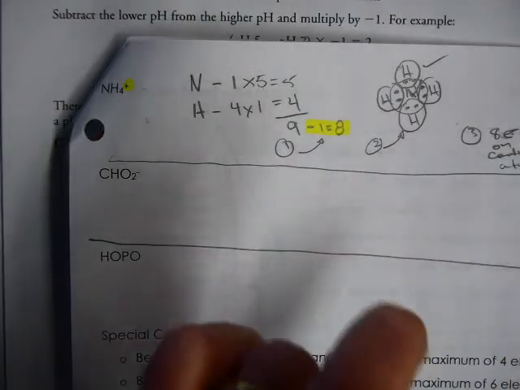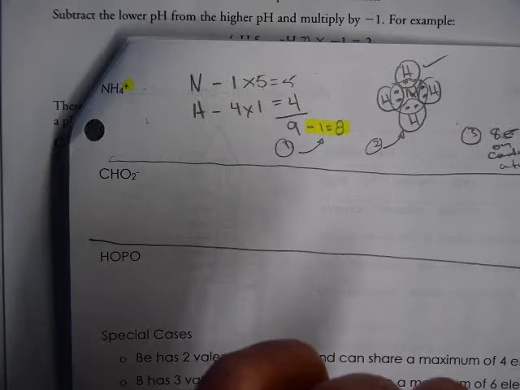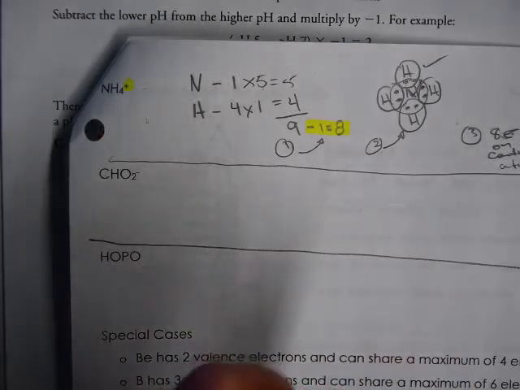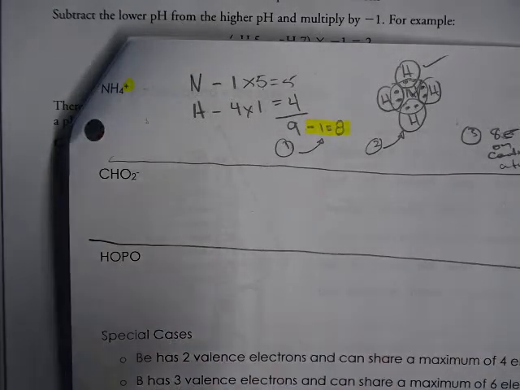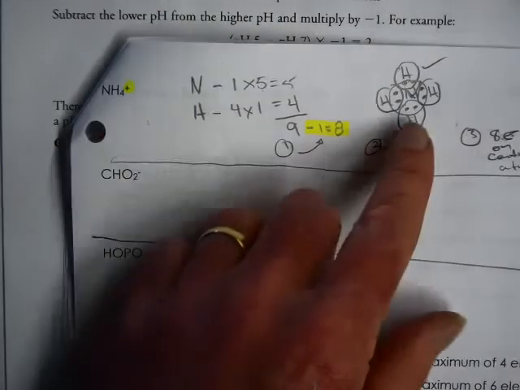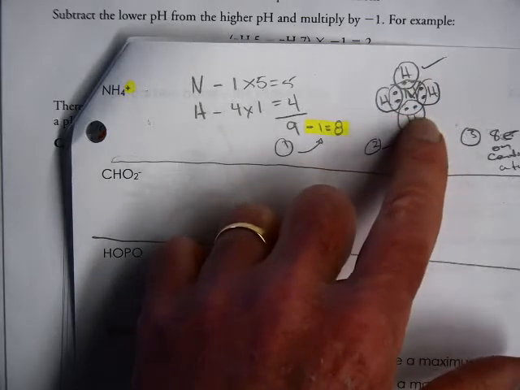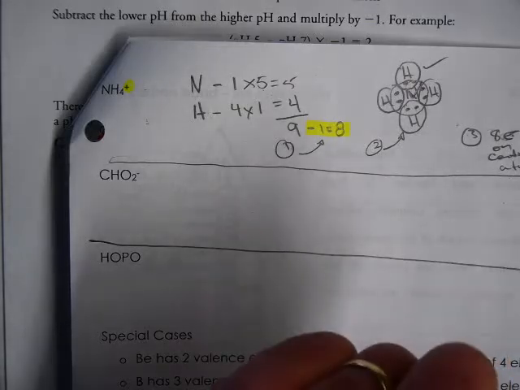The second step is to draw a symmetric representation of the molecule. So if you have 1 nitrogen and 4 hydrogens, the most symmetric configuration is to put the nitrogen in the middle and surround it by 4 hydrogens. So that's what I did. That's step 2.